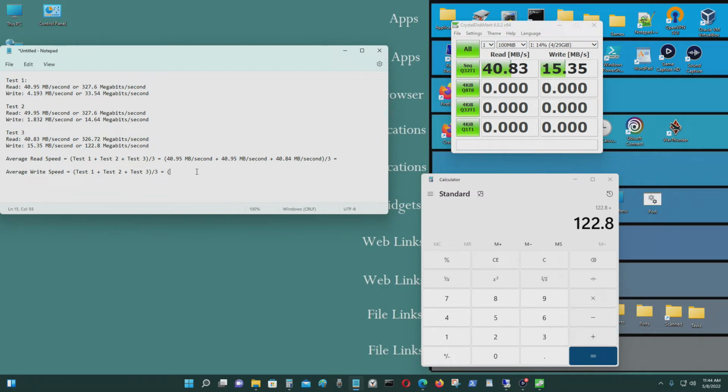Okay, so let's see what the average is. So I got 4.193 megabytes per second plus 2.832 megabytes per second plus 15.35. Let's see what we get.